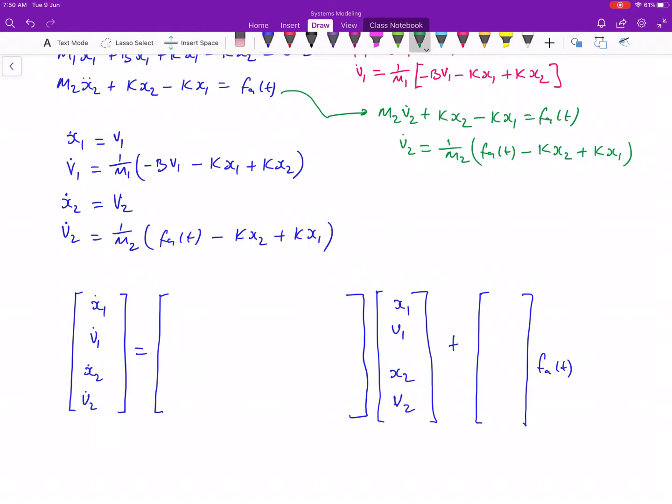Okay. For x1, we know that x1 dot is equal to v1, meaning that you are going to have 0, 1, 0, 0.